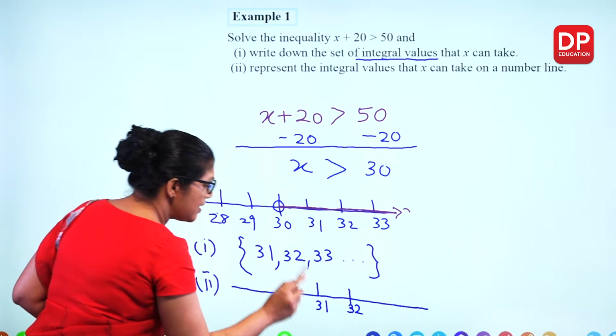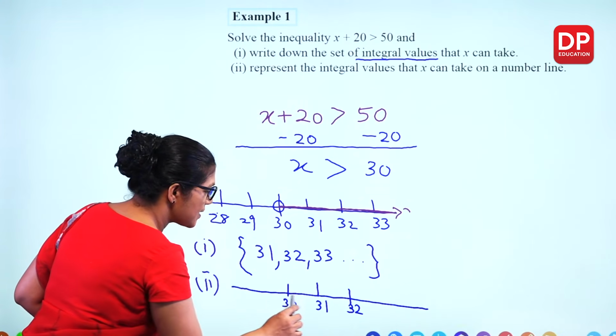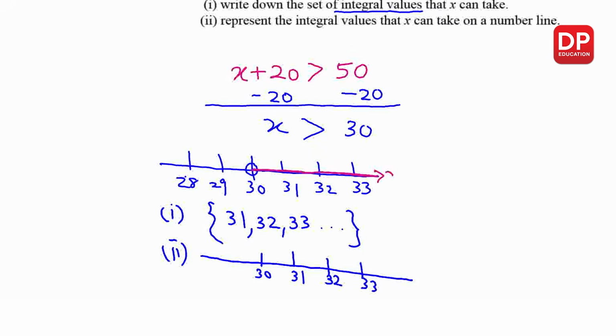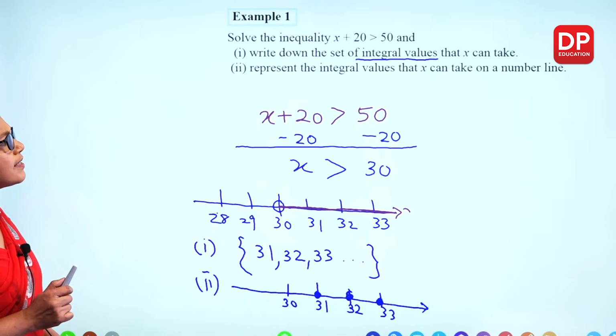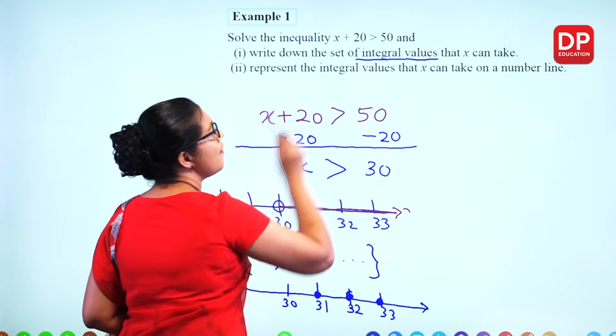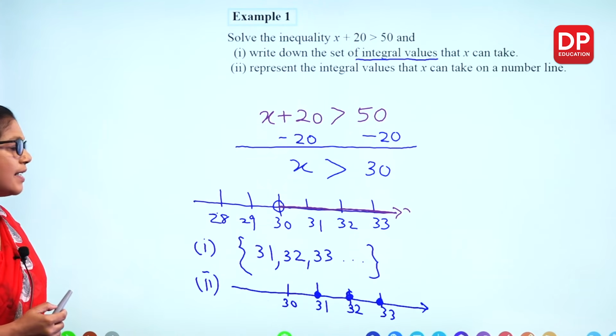So here integral means only whole numbers. So here 31 is there, so I can draw a solid circle. 32, 33, like that. So these are the integral values x can take on a number line.